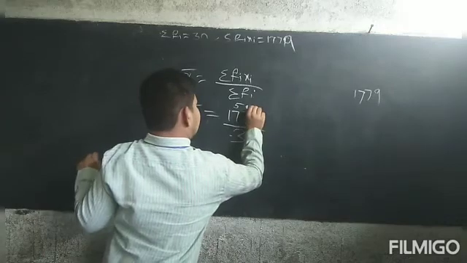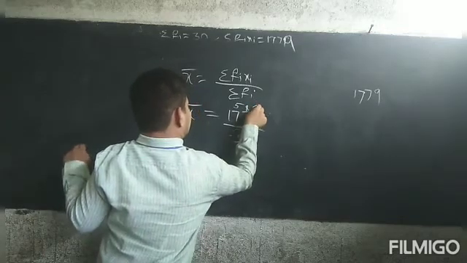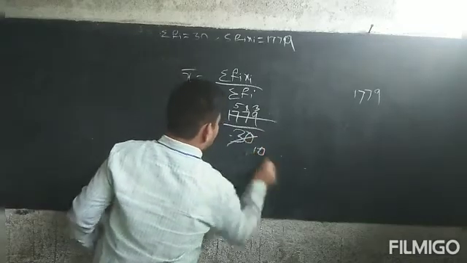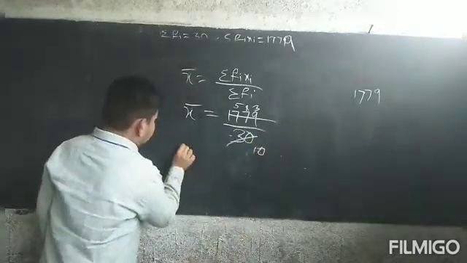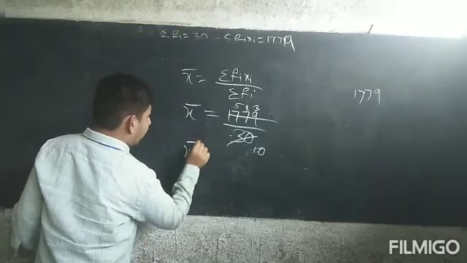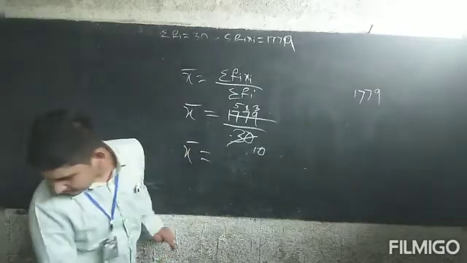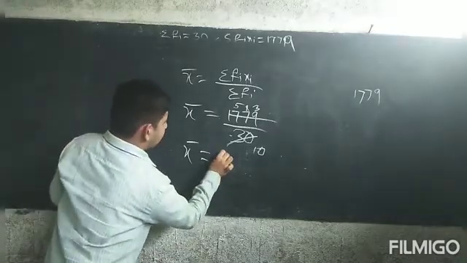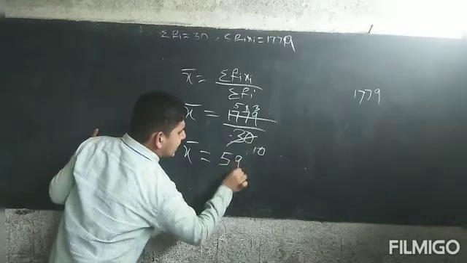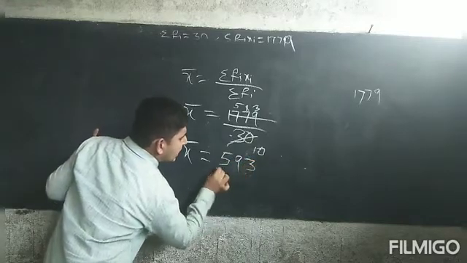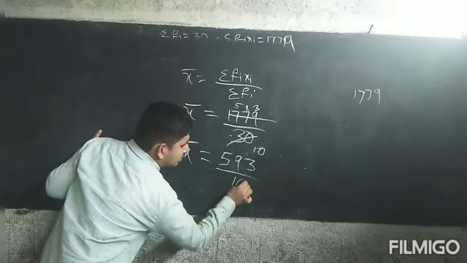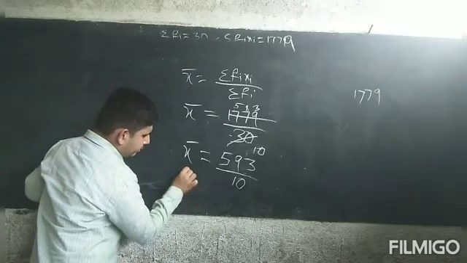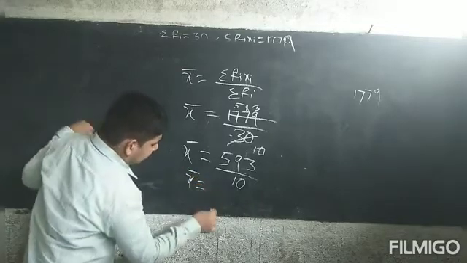So 3 threes are 9. 3 tens are 30. Okay, so x bar equal to 593 by 10. Okay, now x bar equal to 59.3.